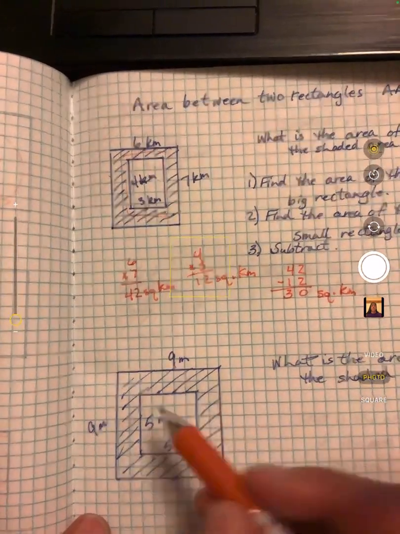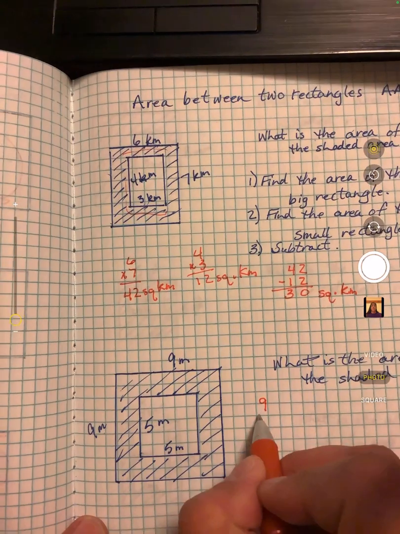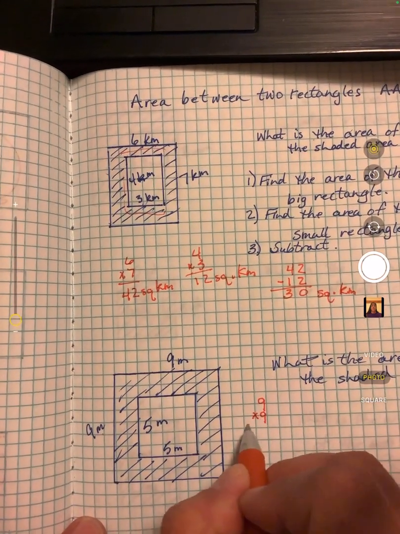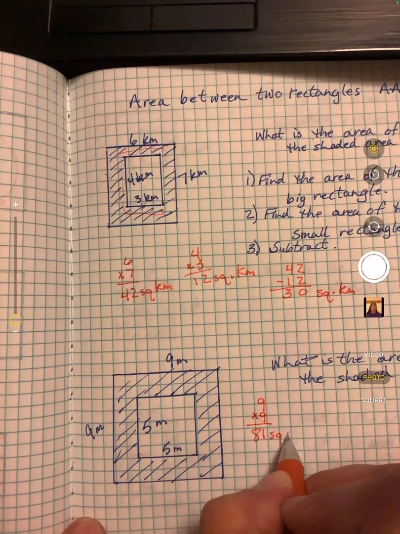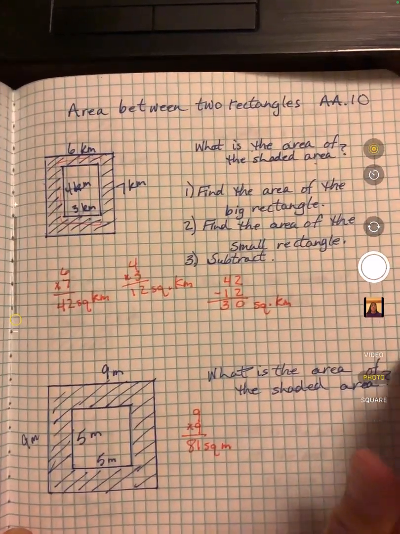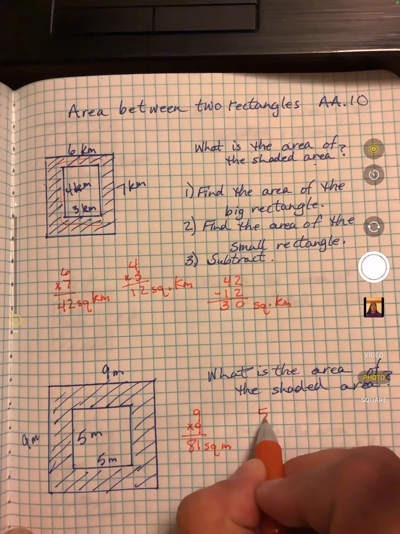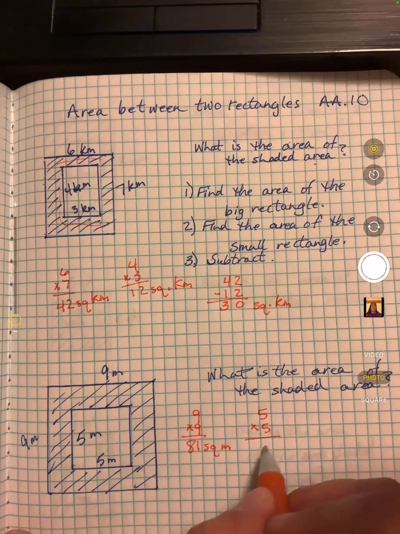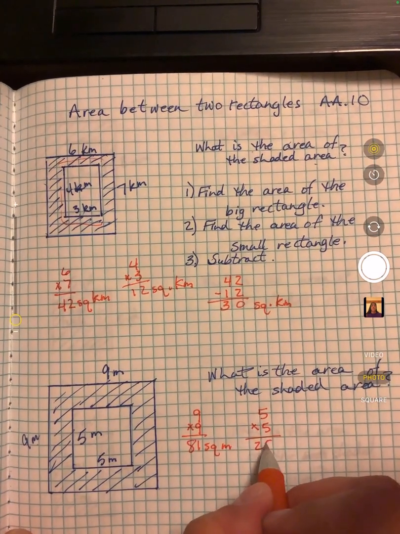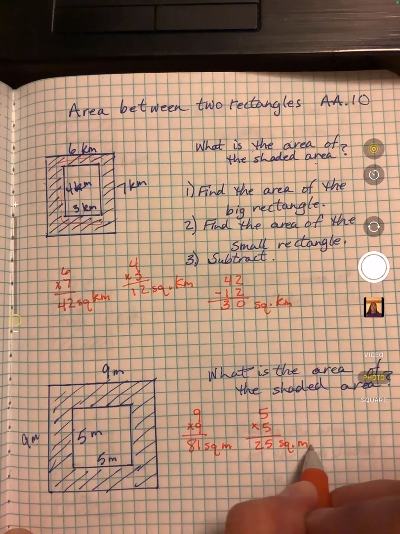Okay, here we have 9 times 9 is 81 square meters. Then on the inside, we have 5 times 5. And that's 25 square meters.